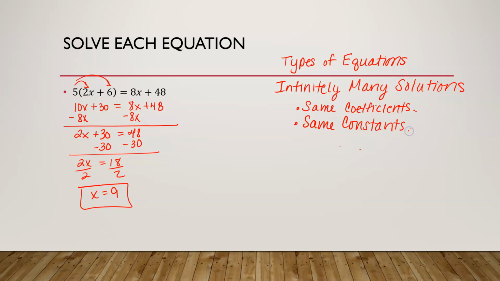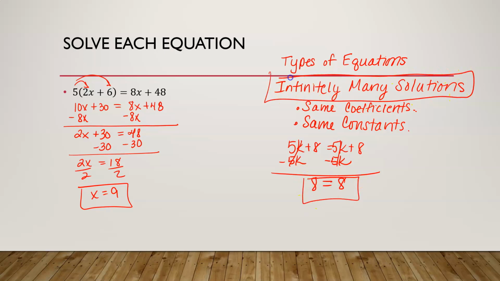So basically you have the same expression on both sides of the equal sign. I would have something like 5k plus 8 equals 5k plus 8. And let's look and see what happens. When I move that 5k over to be on one side, they cancel, and you have 8 equals 8. And 8 always equals 8. So your answer is infinitely many solutions.